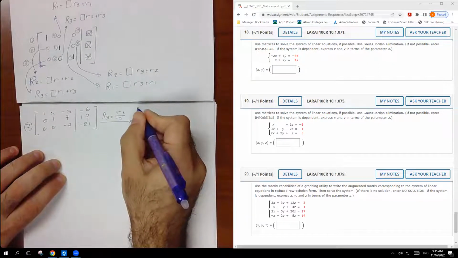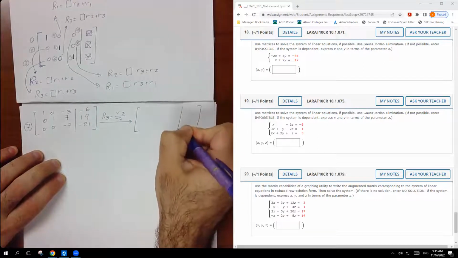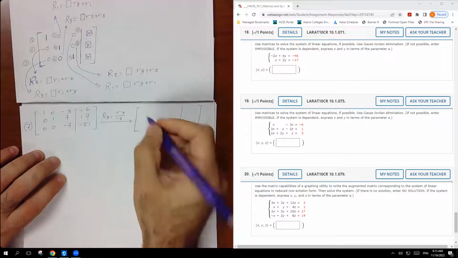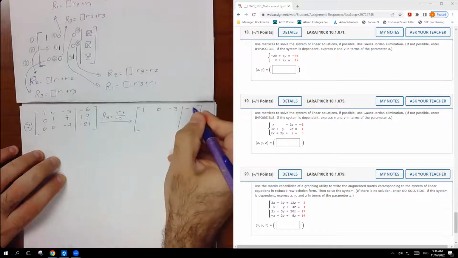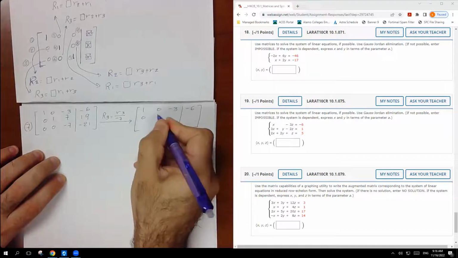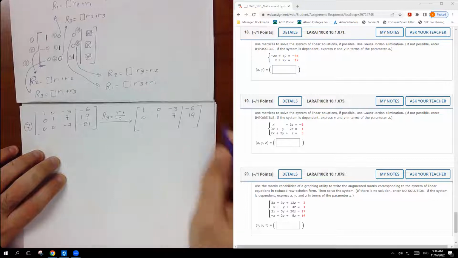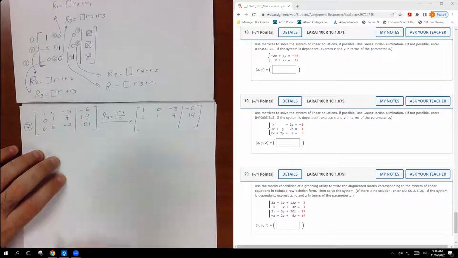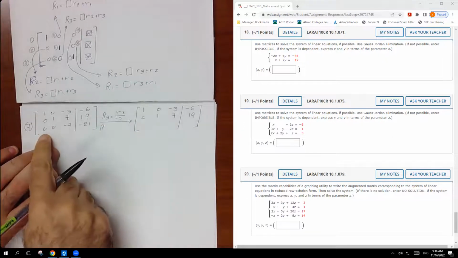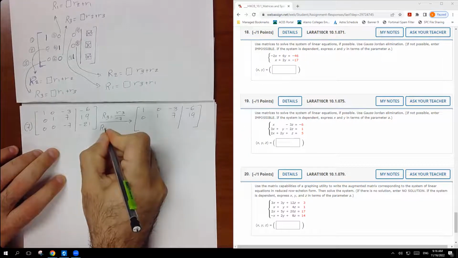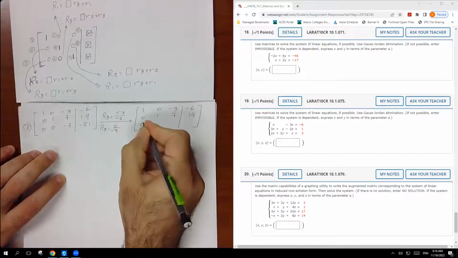So the new matrix is going to be, the change is going to be on R3. That means R1 is going to be the same, and R2 is going to be the same. R3, the first element, 0 divided by -7 is going to be 0.